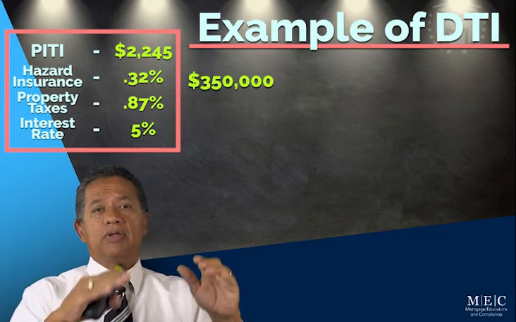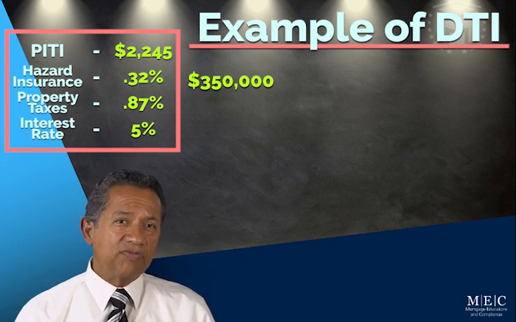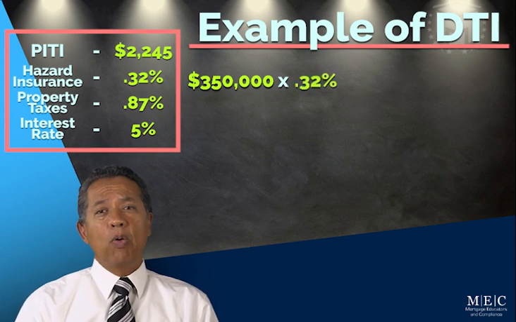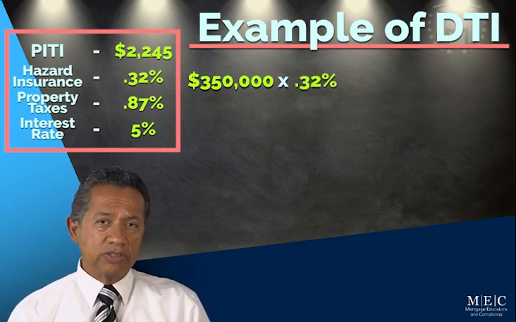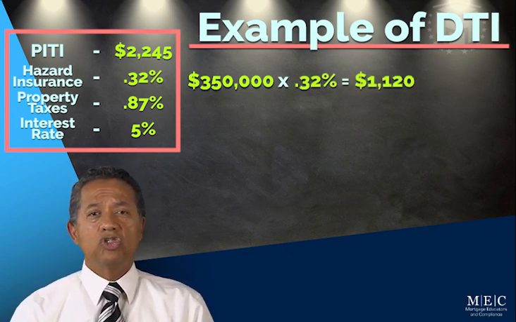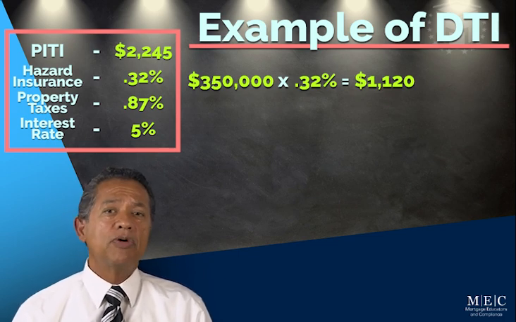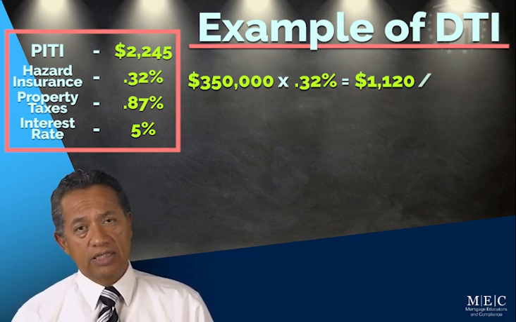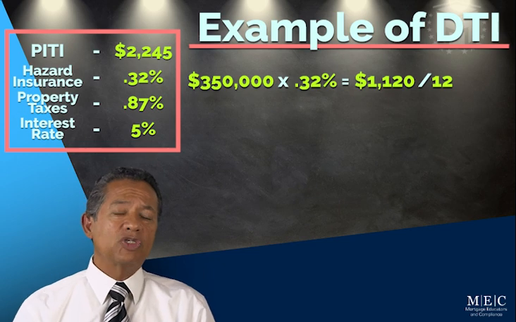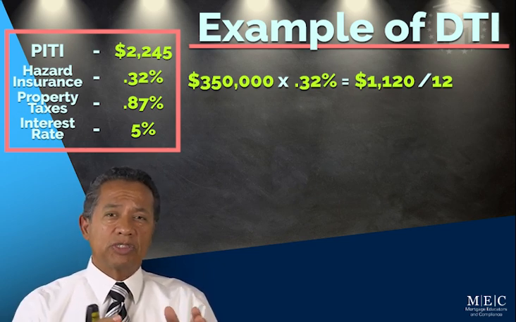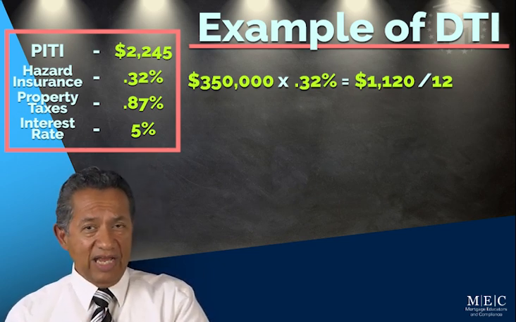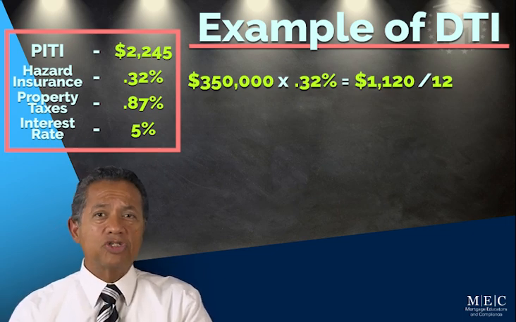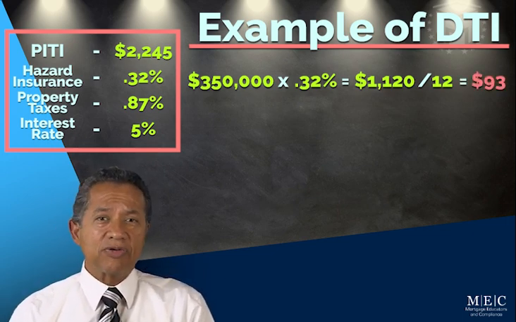Let's figure this out. Sales price, $350,000 times 0.32 for our insurance equals $1,120 for an insurance premium for a year. Let's divide it by 12 to figure out how much we're going to increase our principal and interest to take care of taxes and insurance. We're just talking about insurance, so this will be $93.